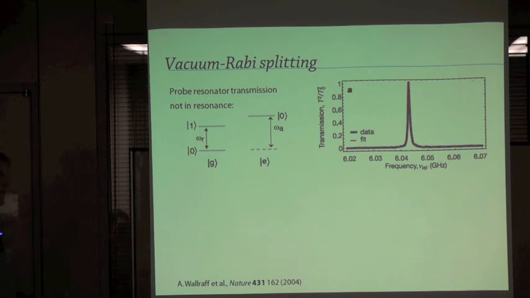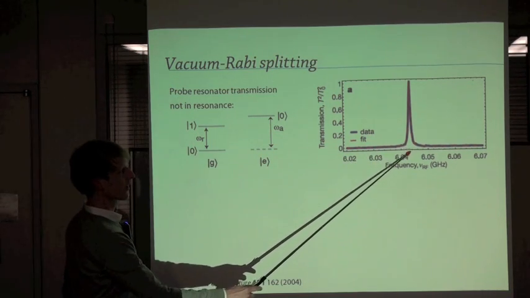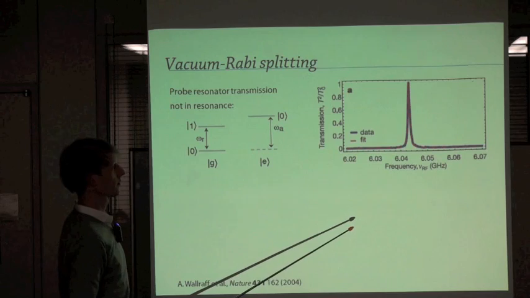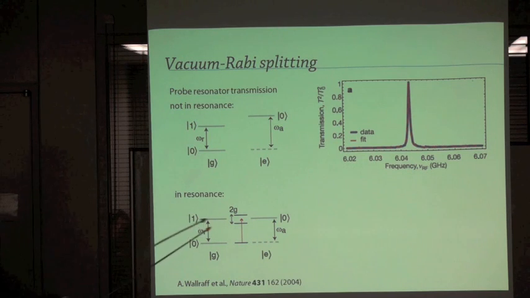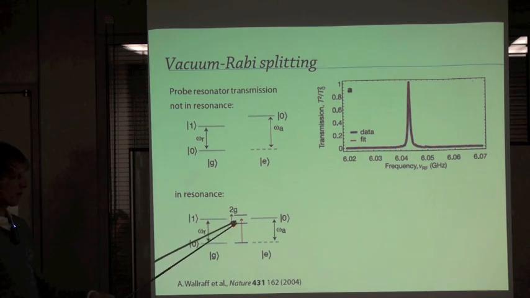This is what we actually see. We see one peak, and this is the resonator frequency. Now, if we go back into resonance and tune the qubit so that it has the same frequency as the resonator, we get this splitting I mentioned before.